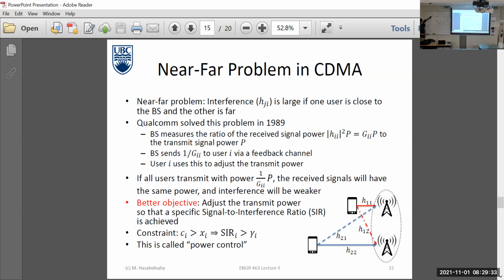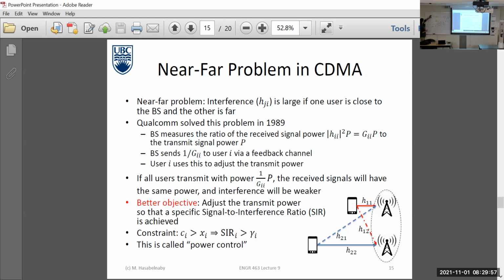The power received from user 1 and the power received from user 2, how can we compare them? User 1 is closer to base station 1, so the received power from user 1 is larger than the received power from user 2. Okay, we agree.